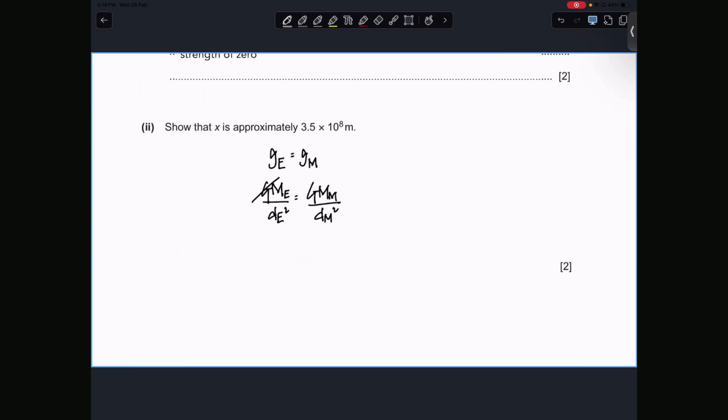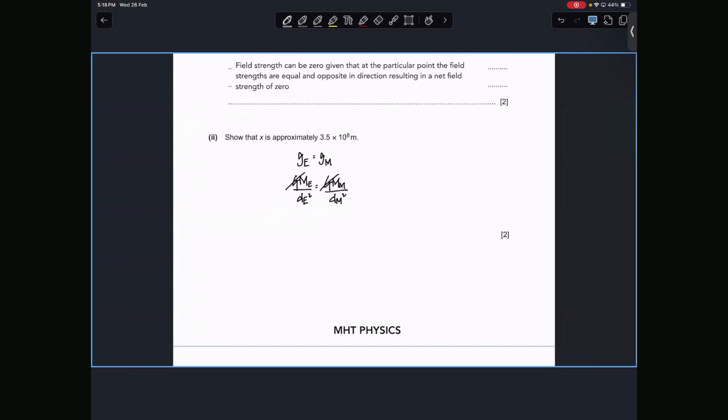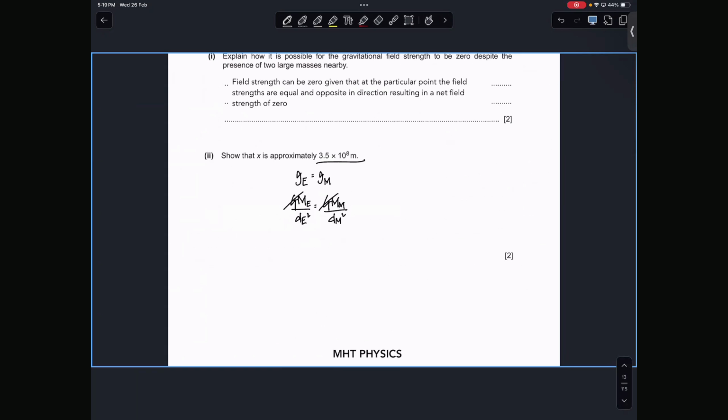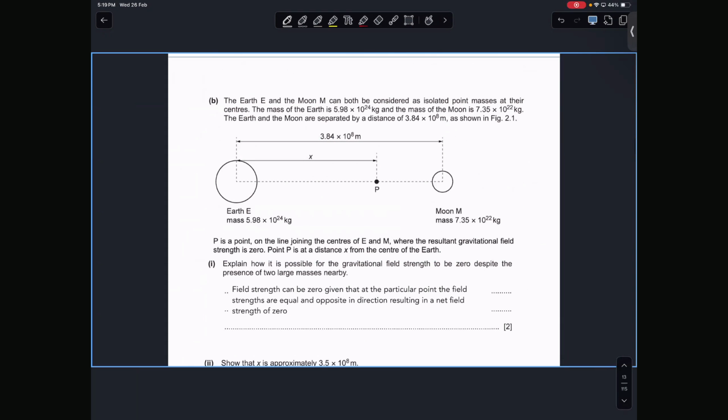G cancels out, put in the mass of Earth, mass of Moon, distances, and the answer will come. What do you get? You have to show it, right? Distance of Earth means the distance from Earth to this point, how much is that? X. And the distance from Moon to this point? That whole distance minus X. And solve it for X.